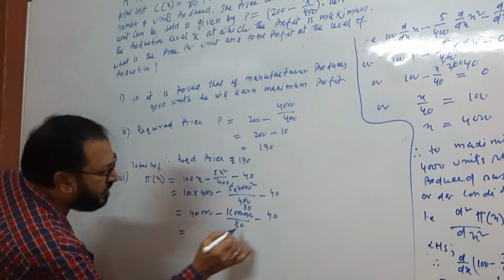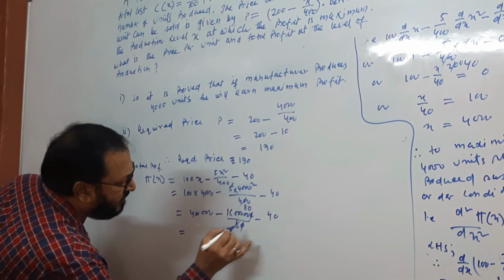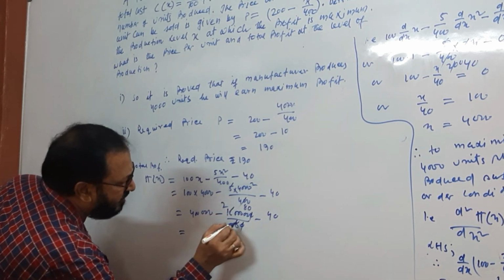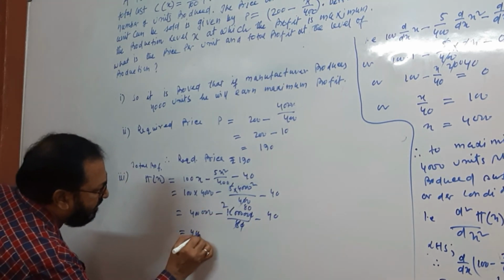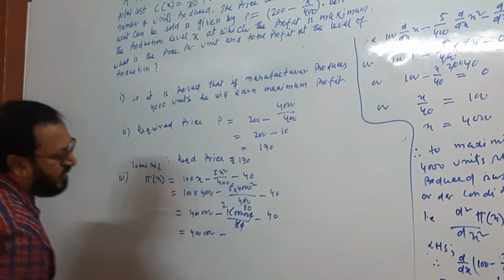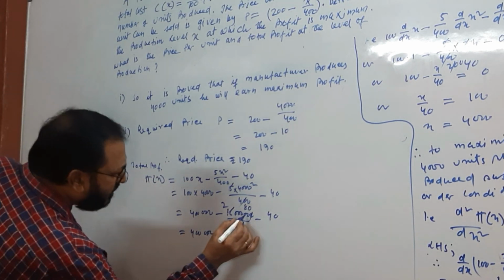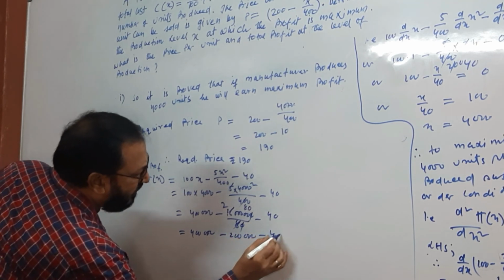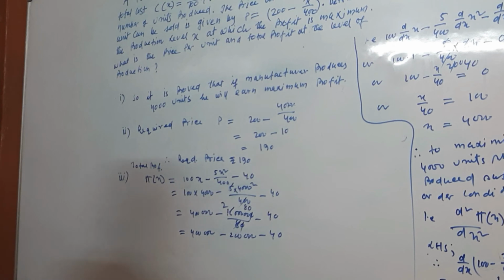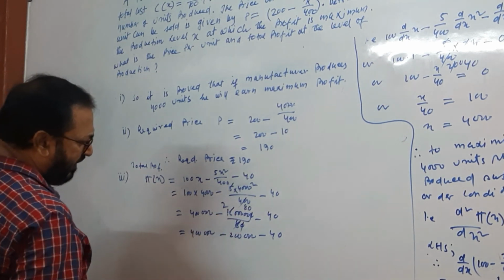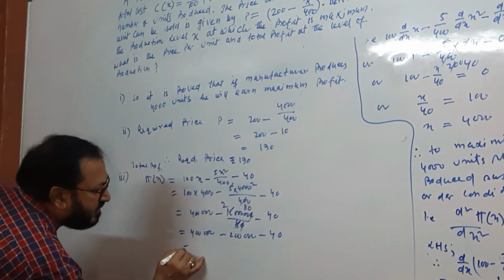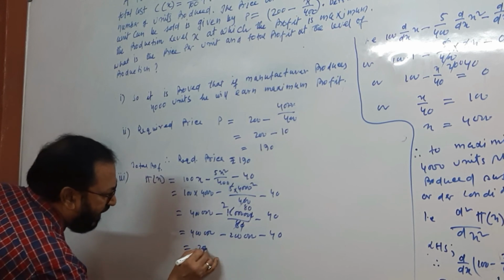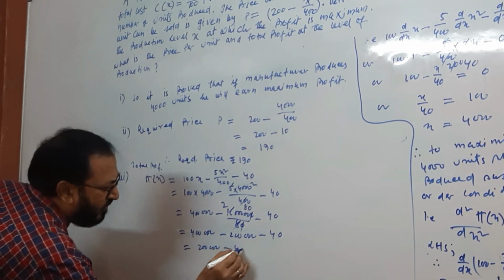That gives 4 lakh minus 2 lakh minus 40, that is 2 lakh minus 40.